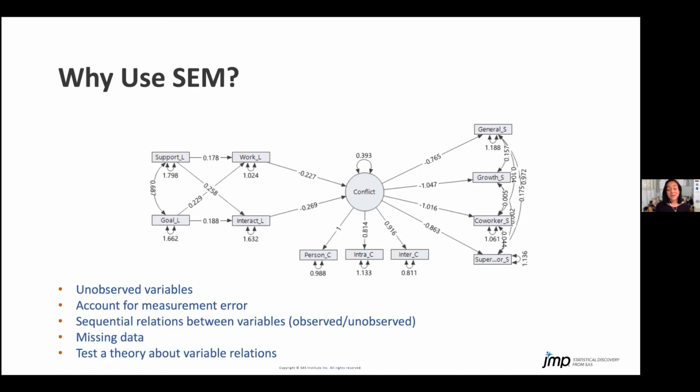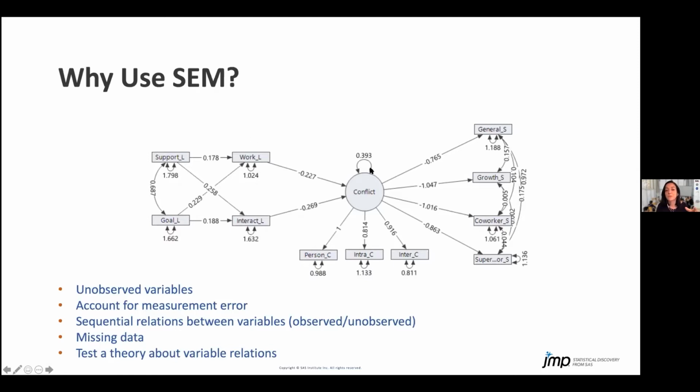And the last and maybe most important thing is to say that SEM allows us to test theories about how variables relate to each other, right? So it's an important point because we have to have a theory coming in. So SEM really is a confirmatory framework. Notice in this path diagram, to specify this model, we had to have some previous expectations, some previous knowledge, to know that support had to be the predictor of work and interact, right?